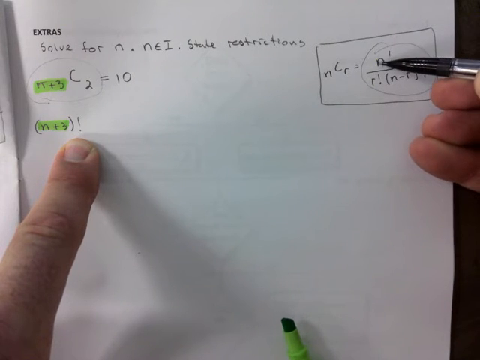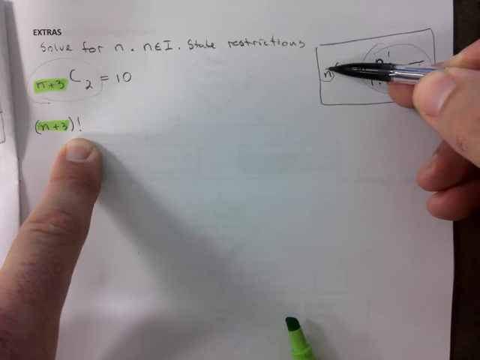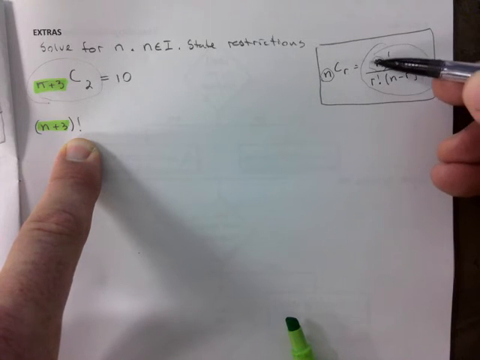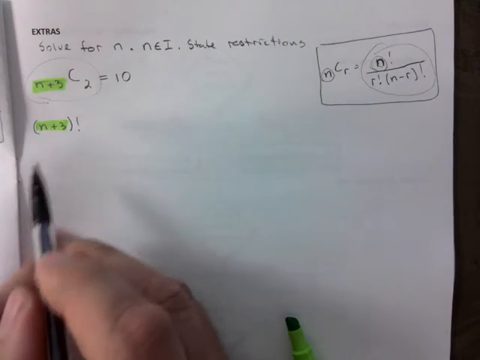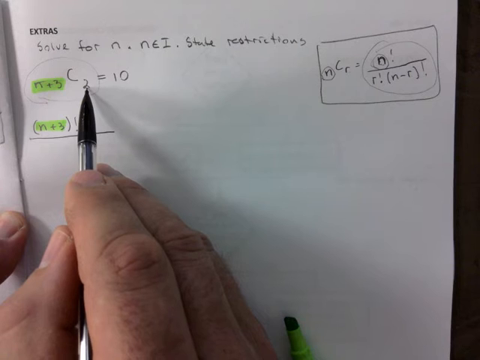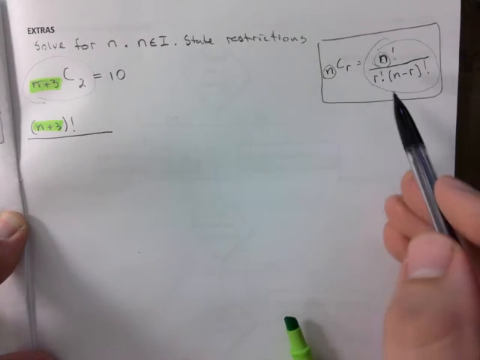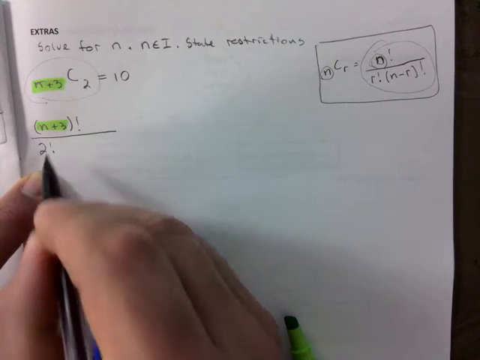That fulfills the n factorial part, right? Whatever is in here shows up here. And then you go over, this is your r, and the formula called for r factorial down here. So we're going to go 2 factorial.